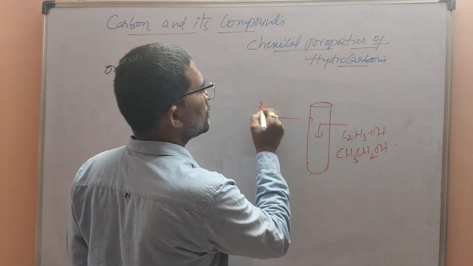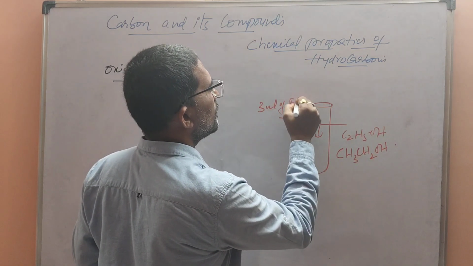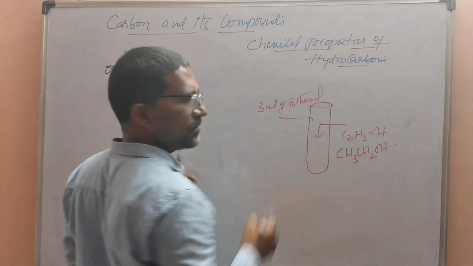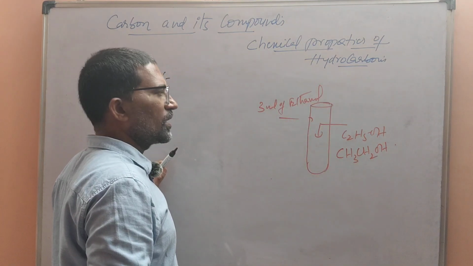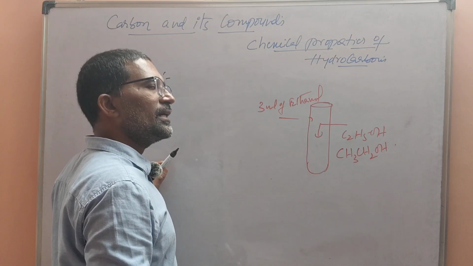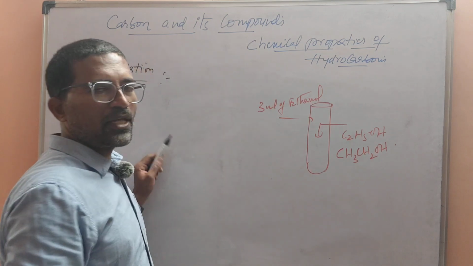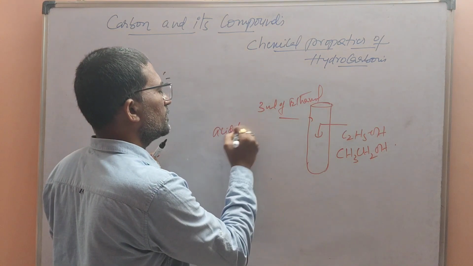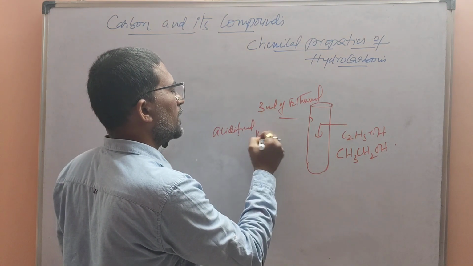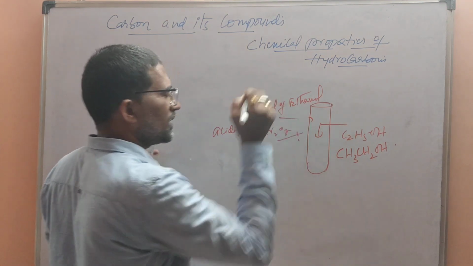I am going to take 3 ml of ethanol, and to this I am going to add acidified potassium dichromate.